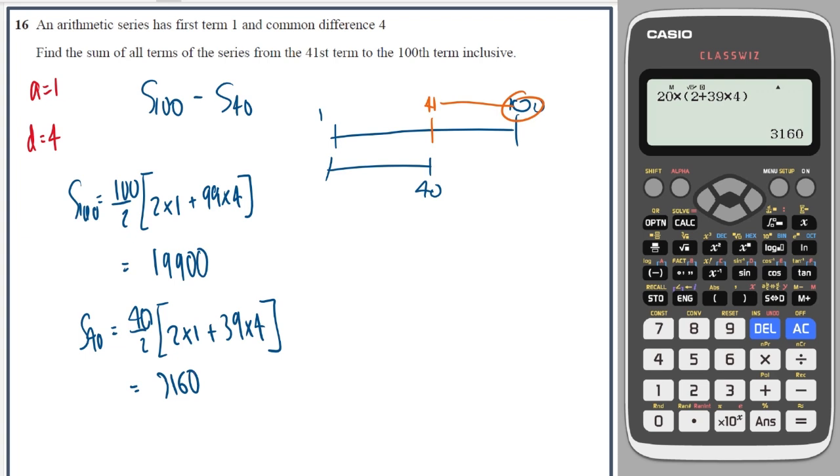So our final answer is going to be 19900 minus 3160, which is 16740. Perfect.